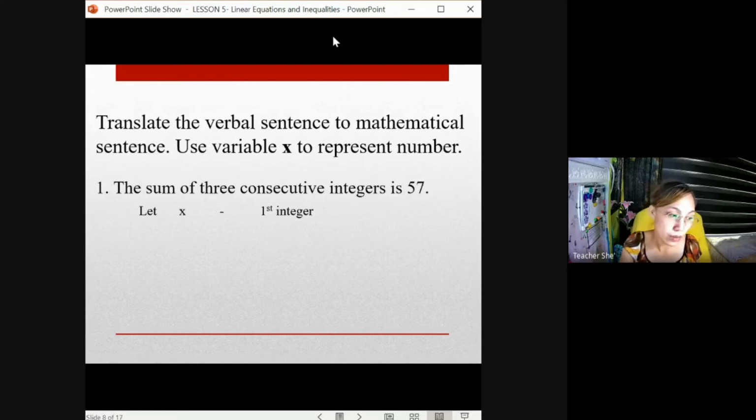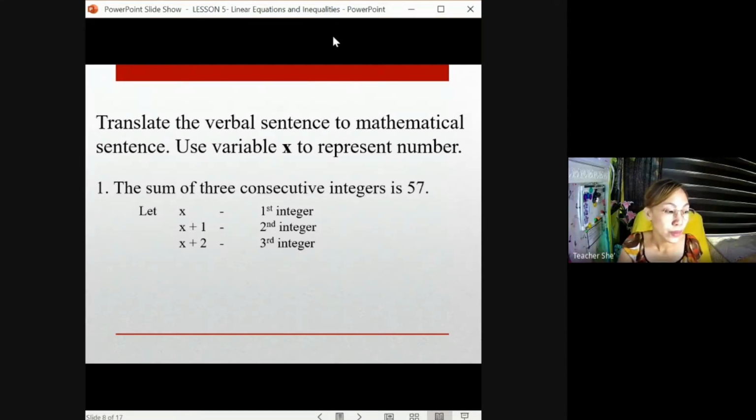First integer plus 1, that will be our second integer, so we have x plus 1. For the third integer, we add 2, so x plus 2 will be our third integer.